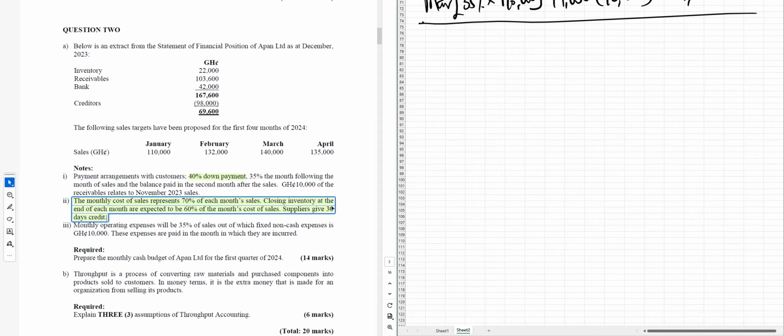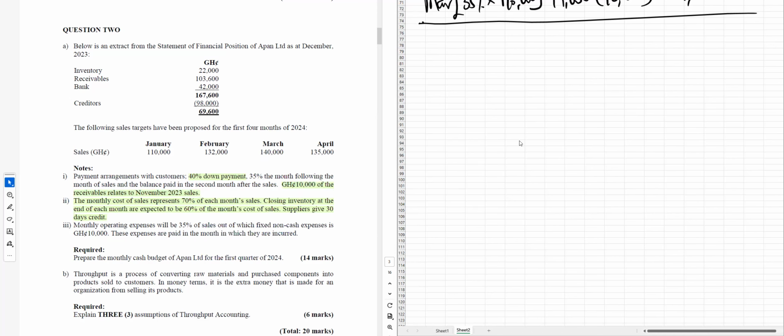Anyway, let's get our cost of sales and let's see. Did they give us December sales? They told us that 10,000 of the receivables relates to November sales.